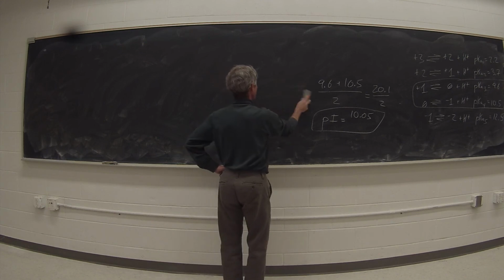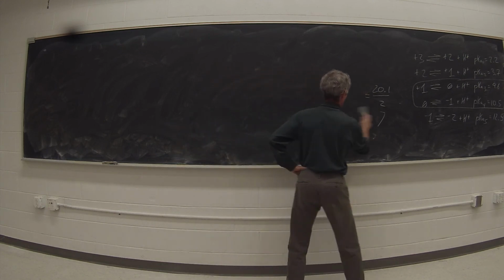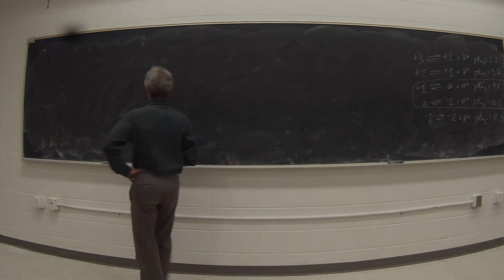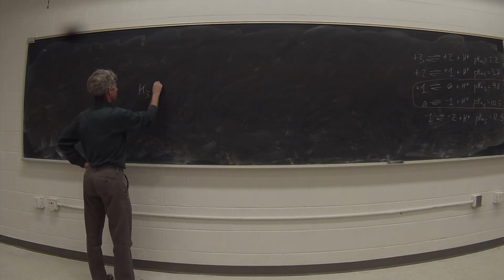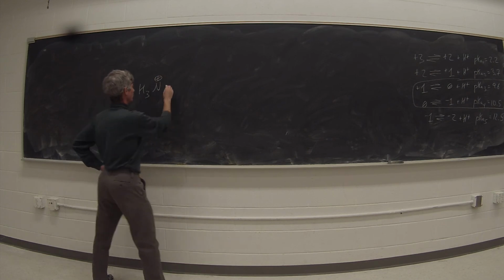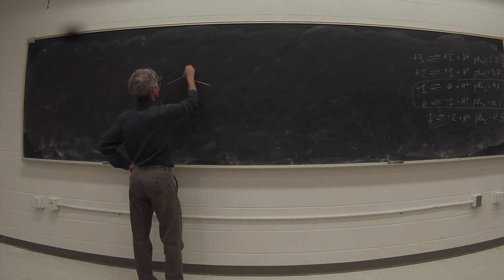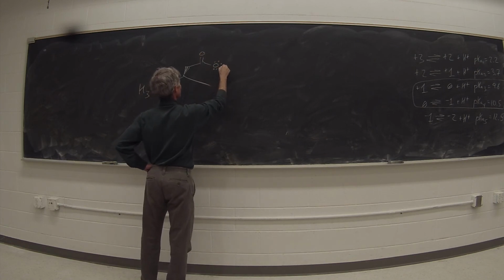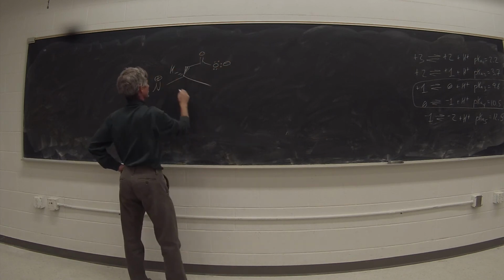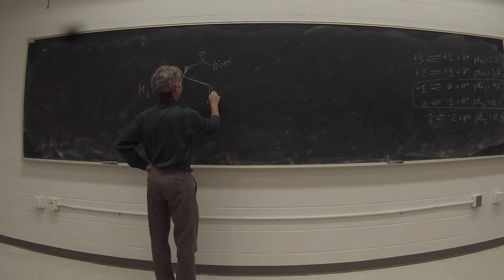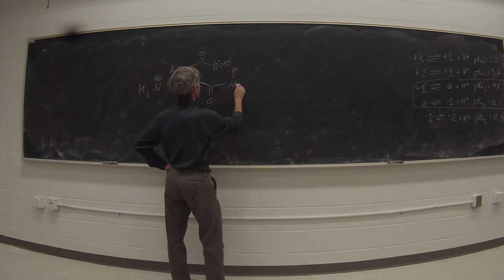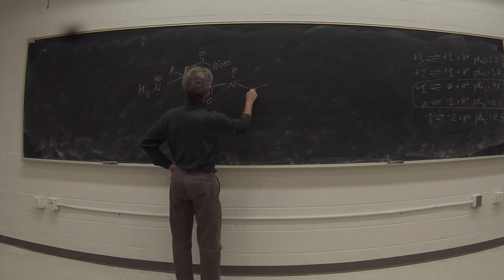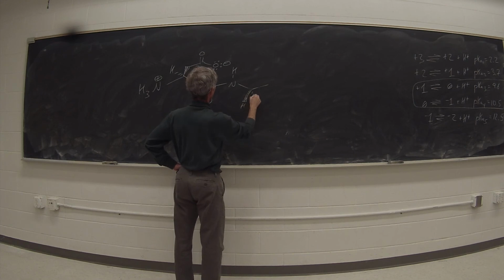At physiological pH, we would want to draw our peptide like this. 9.6 is above 7.4, so that one would stay protonated. The aspartic acid side chain would be deprotonated though, because the pKa of 3.7 is less than physiological pH of 7.4. So alanine doesn't care. No side chain there.